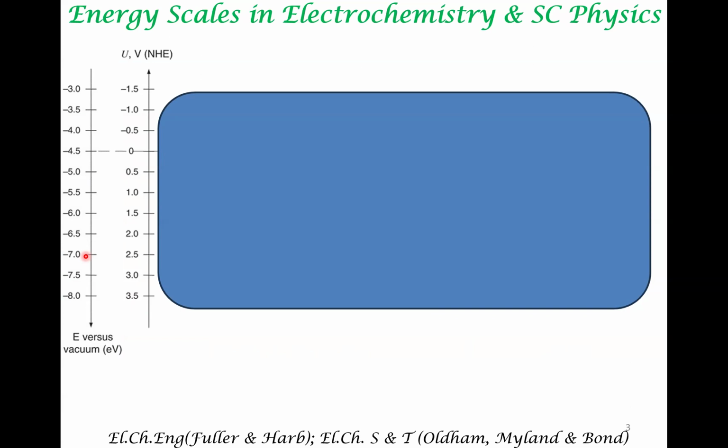So it is a bit abstract because what exactly we mean by placing the electron at infinity or vacuum, that's not a very simple experiment. In my opinion, these are much simpler experiments. How to quantify energy in electrochemical systems is a much simpler experiment compared to removing an electron and putting the electron at infinity.